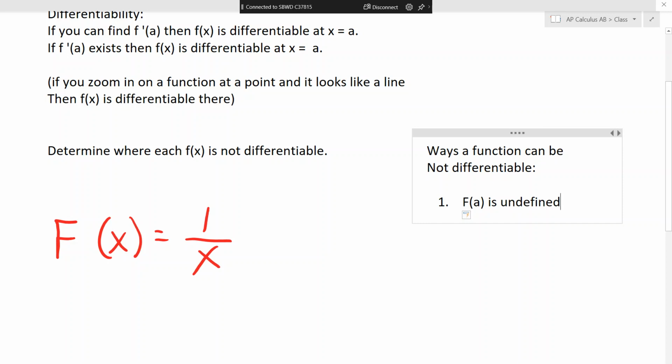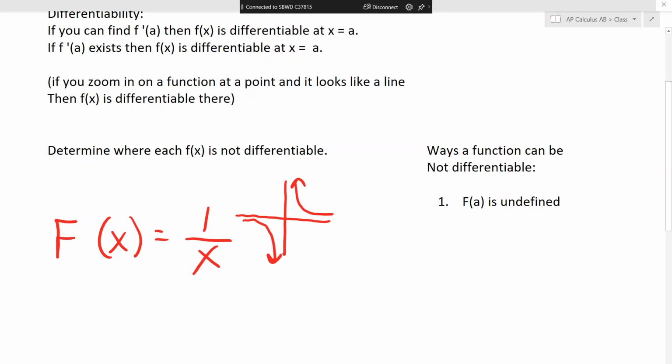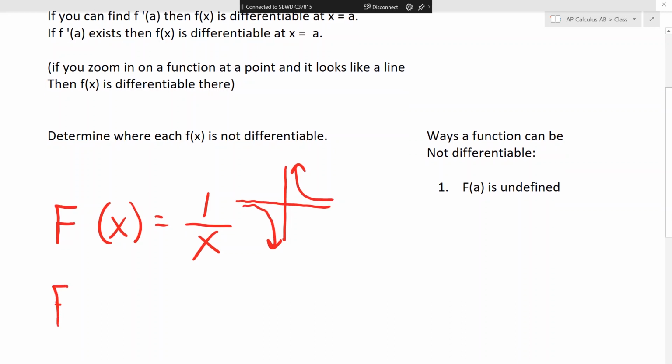We can see that graphically. I'm a big fan of graphing stuff. Graphically, 1 over x looks like this. There's no point there, that's easy to see. Also, if we were to find the derivative, we would get negative 1 over x squared, and the derivative is not defined at 0.